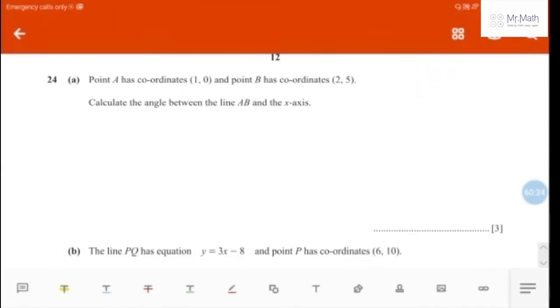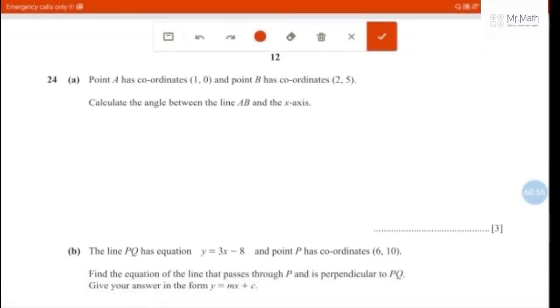Now, in the last question of this video, which is question 24, in part A it says point A has coordinates (1, 0) and point B has coordinates (2, 5). And I have to find the angle between the line AB and the x-axis.